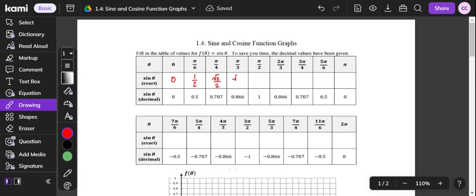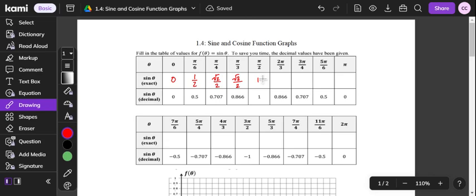Pi over 3 is root 3 over 2. And then we're at 1 at pi over 2. Okay, and then continuing on, if you pay attention, we go from 0 to 1, and we go 1 over 2, root 2 over 2, root 3 over 2, 1.